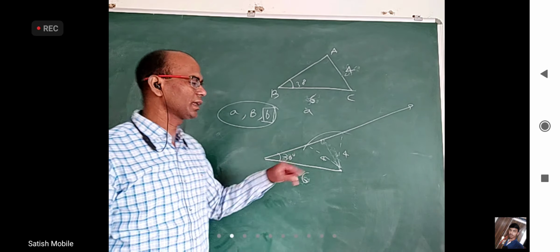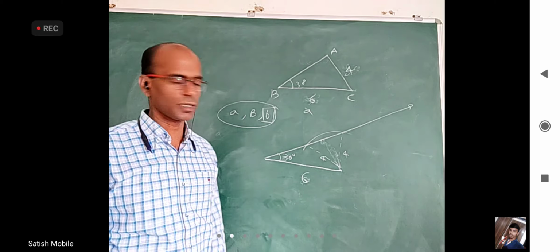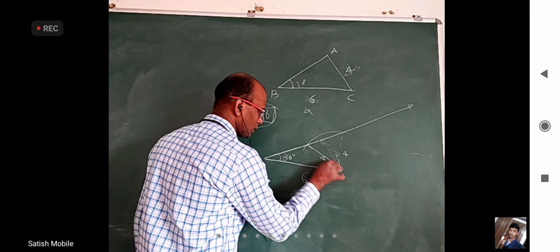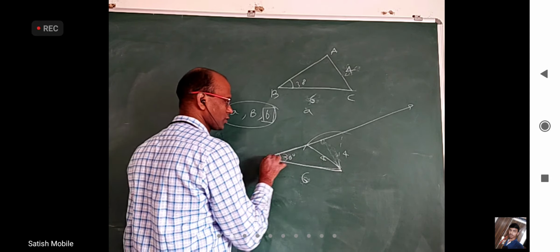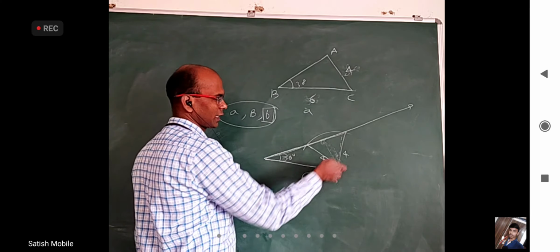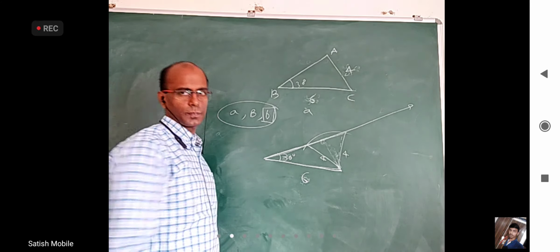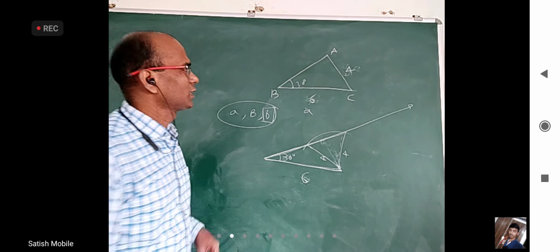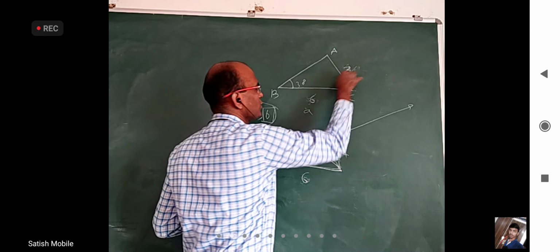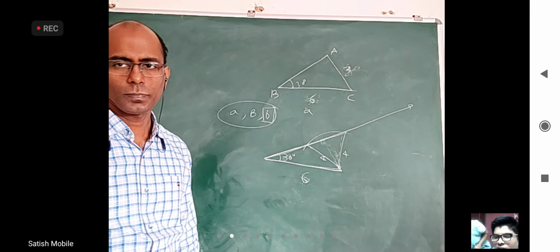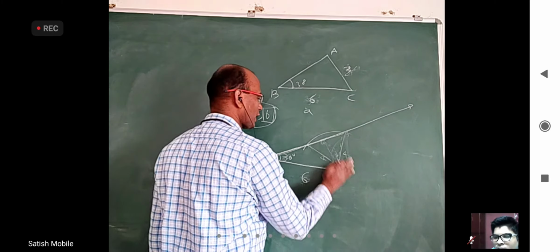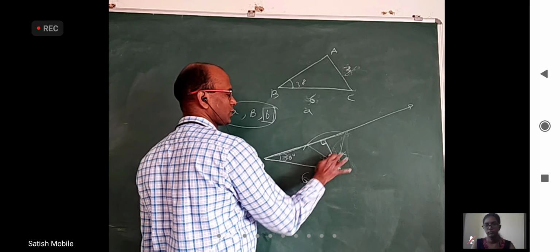So how many triangles are there? Two such triangles. You can see 6, 4, 30 degrees here, and not a right angle, an obtuse one, 6, 4, 30 degrees. But instead of 4, if I give 3, what will happen? Only one triangle, and that too a right angle triangle, right?